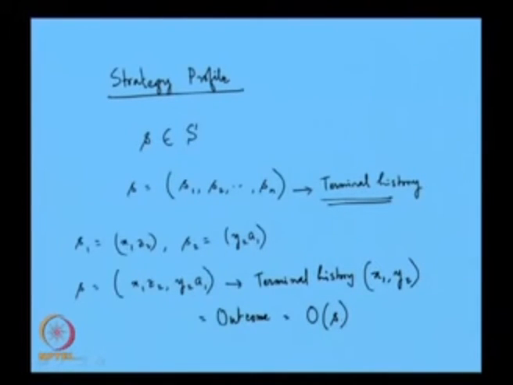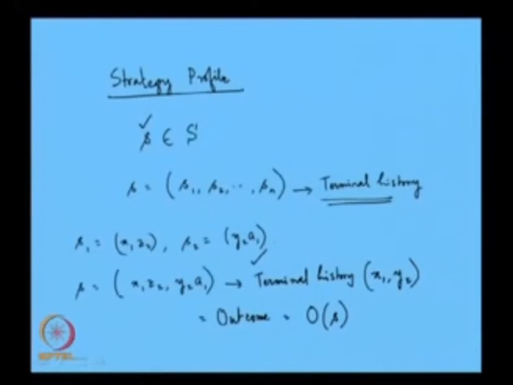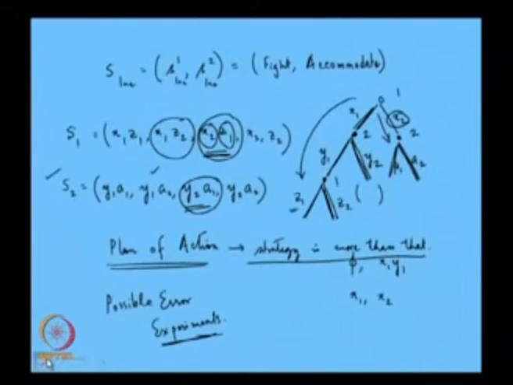Now, there are different stages of it. Each player has a strategy. By combining the strategies of all the players, we get a strategy profile, and from a strategy profile we get a terminal history, which is also known as the outcome, and we write it as O of s, O standing for outcome and small s standing for the strategy profile. Now, terminal histories also give us the preferences of the players, the payoffs of the players.